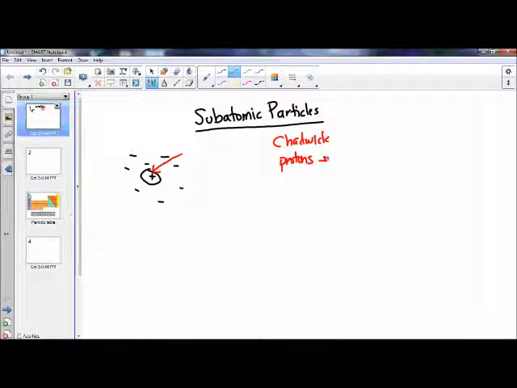And the protons were the positively charged particle that made up the nucleus. Because Rutherford theorized that if electrons were negatively charged particles, there must be some other positively charged particle, and they decided to call it the proton, which means the first particle, because they were in the center.